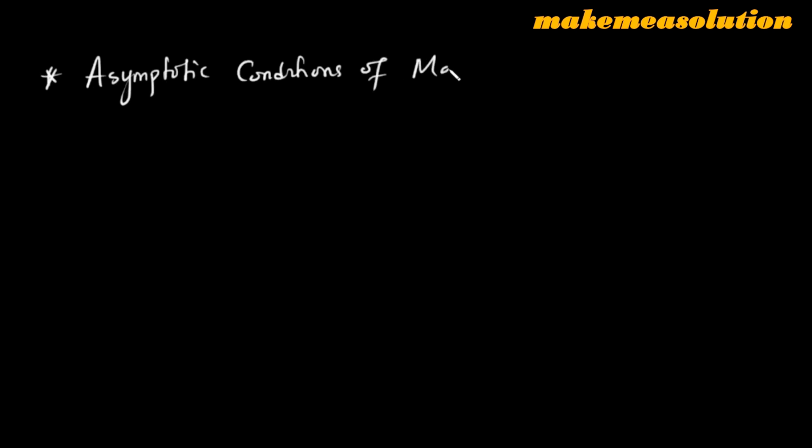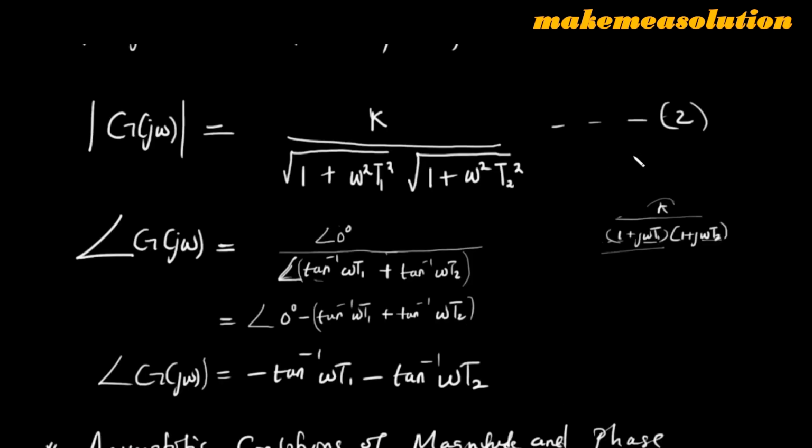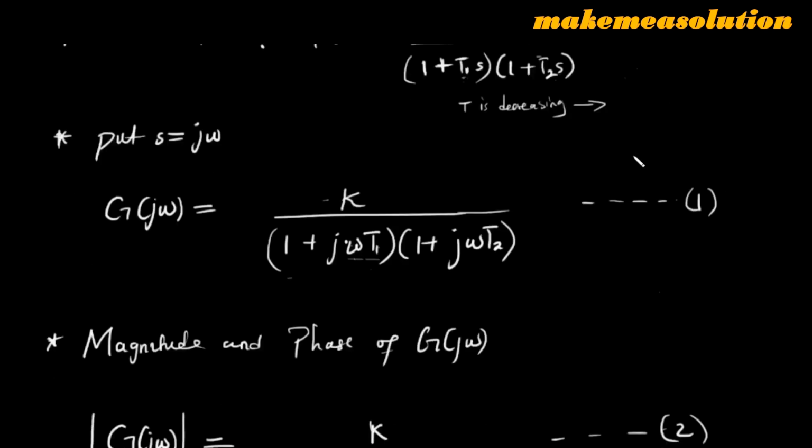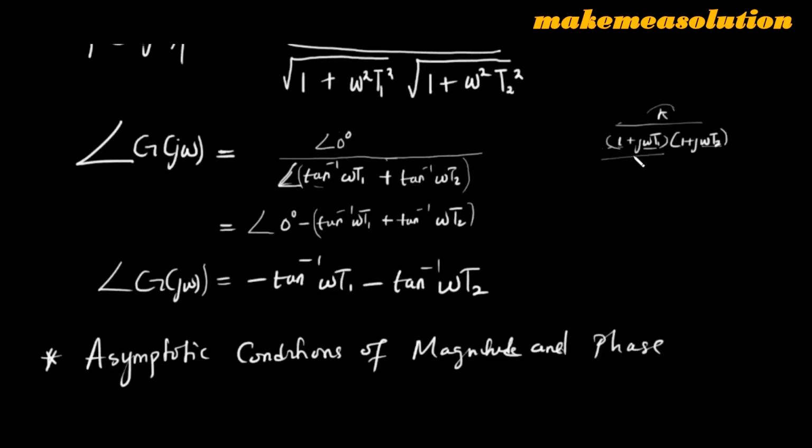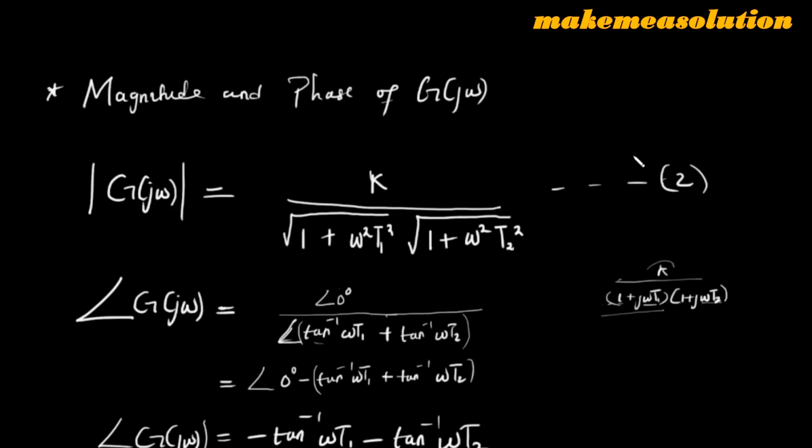So the next thing is, you are now going to consider asymptotic conditions of magnitude and phase. When you want to draw the Nyquist plot, after following all these steps, you've gotten your magnitude and your phase, right?